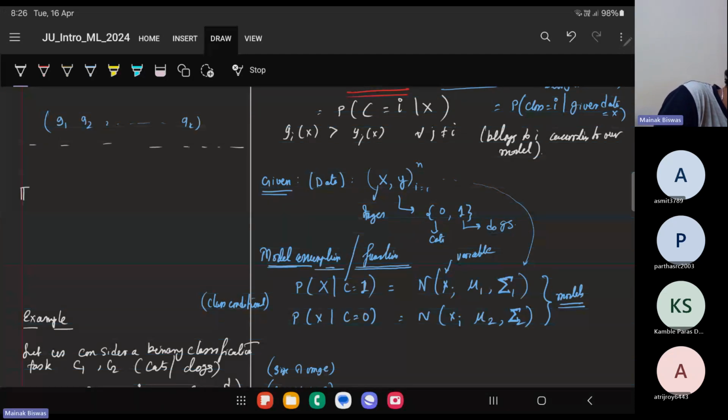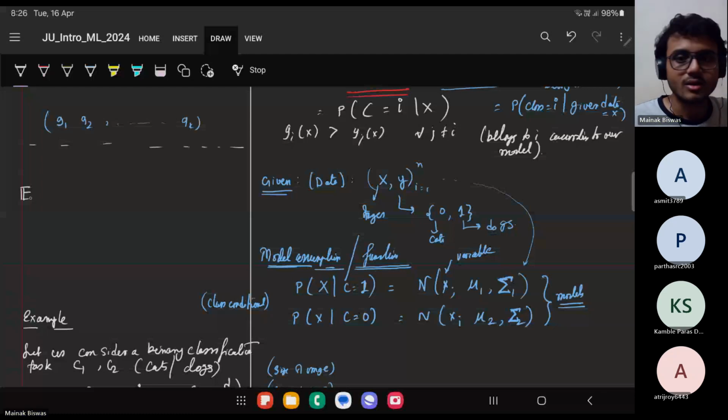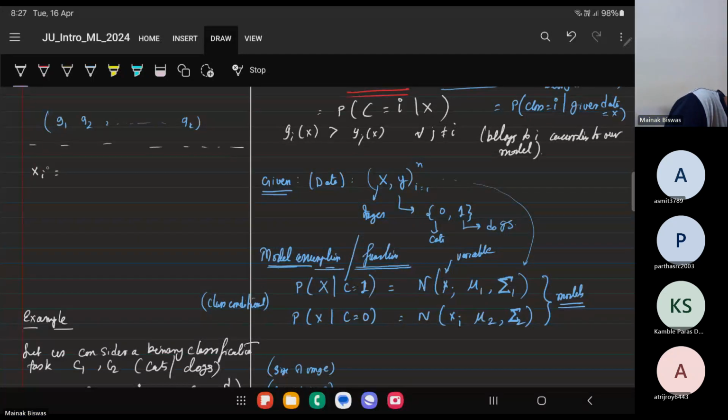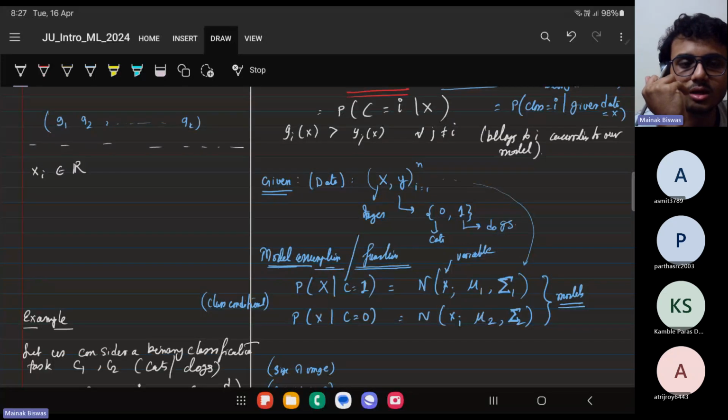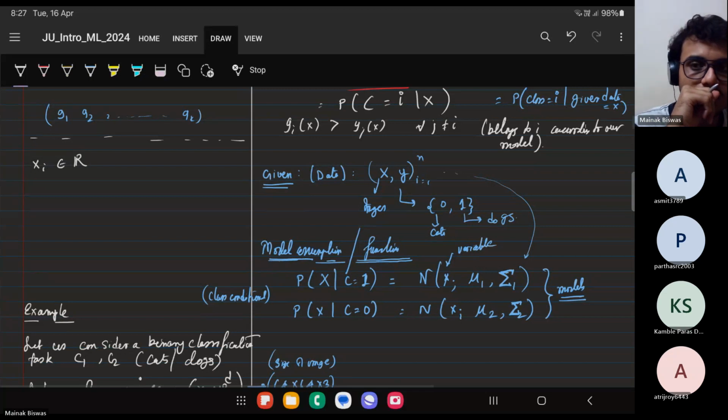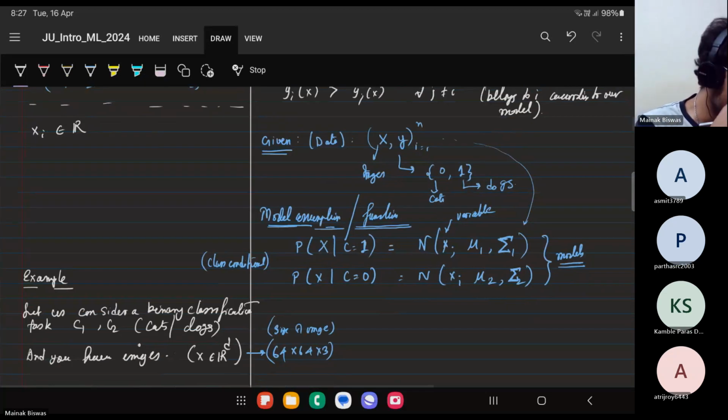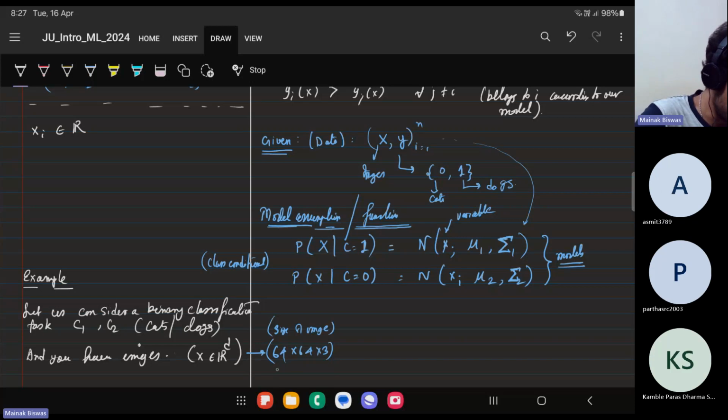So what is the expected value of X? What is the dimension of X_i? I already told this: 64 cross 64 cross 3.